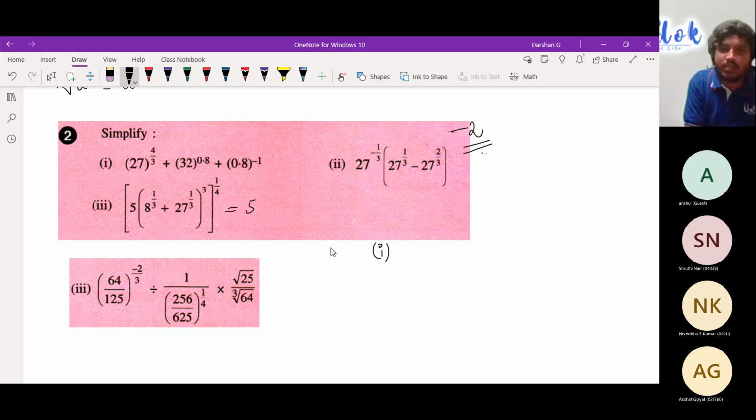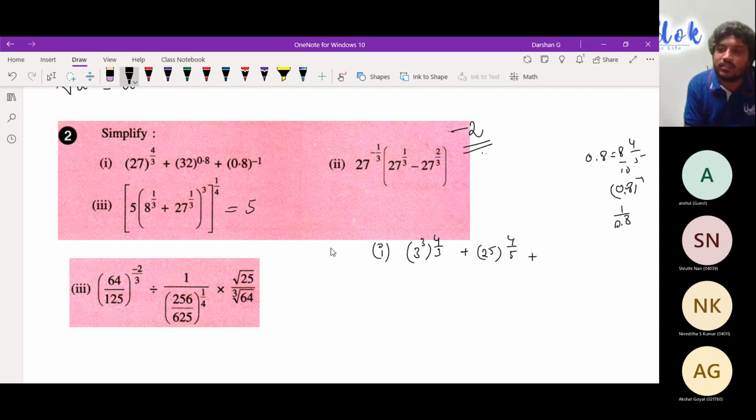So I have to write it in the cube format because I have 1 by 3. So 27 can be written as 3 cube to the power of 4 by 3 plus 1.8. How will I write 1.8? I can write it as 18 by 10. Then I can reduce it to 9 by 5. Plus I have 0.8 to the power of minus 1. So I can write it as 1 by 0.8.